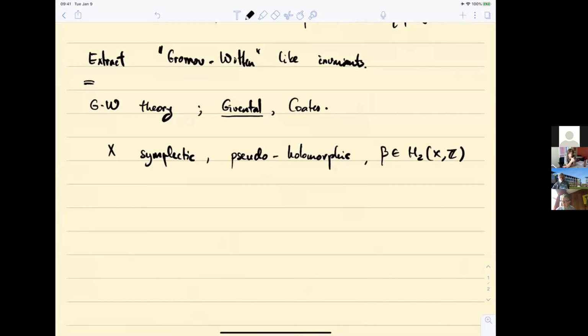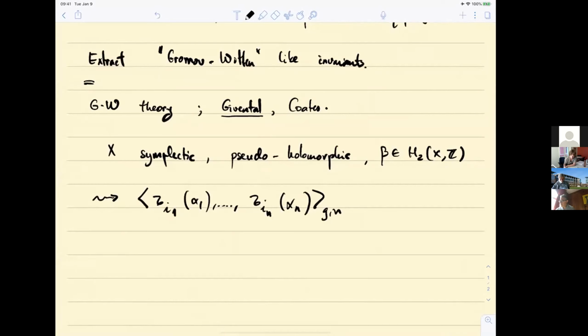And the main output of classical Gromov-Witten theory are some invariants, which are usually written like this: tau_{i_1}(alpha_1), ..., tau_{i_n}(alpha_n), g. These are some rational numbers.